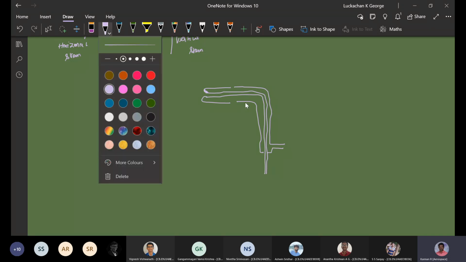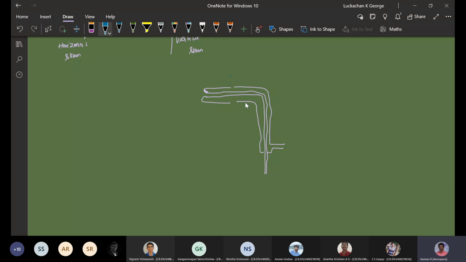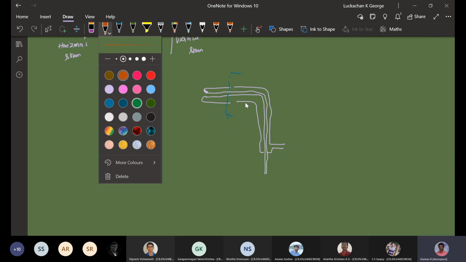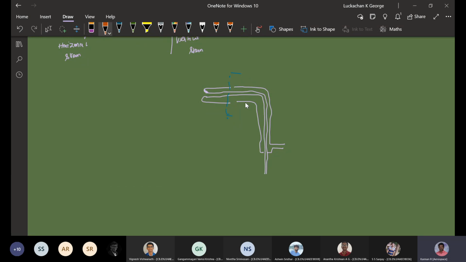If you draw a cross section here, you can see four holes at the static point: one hole here, another here, another here. This is going to measure your P naught, and this is going to measure your P, the static pressure.